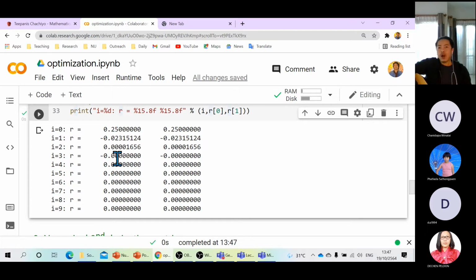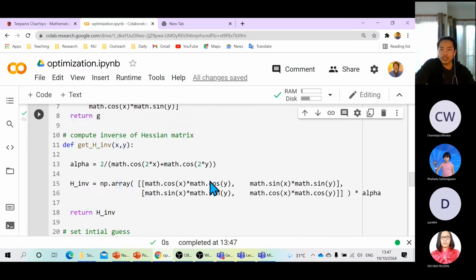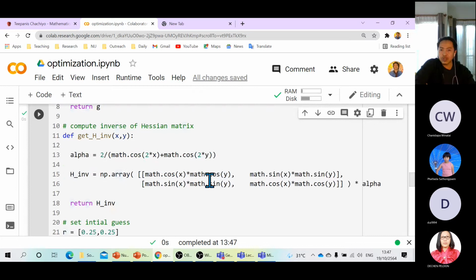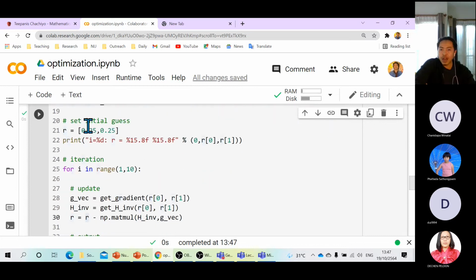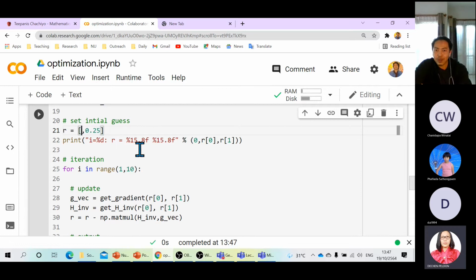Okay. Now, the quiz told us to change the initial guesses. Okay, let's do that. What was that? I forgot. I don't want to go back to the screen. So what were the initial guesses for the quizzes? Can anybody tell me? 0, 2, I remember.